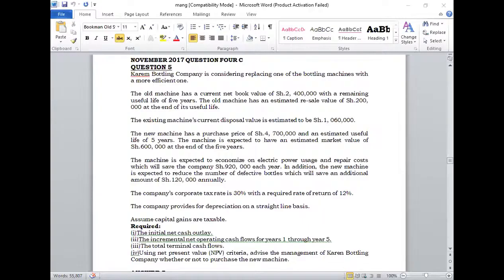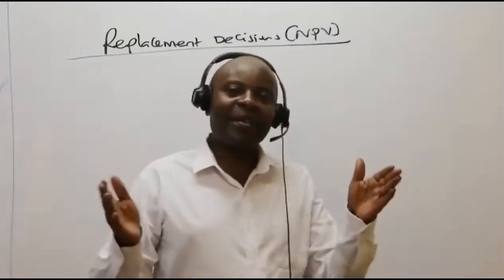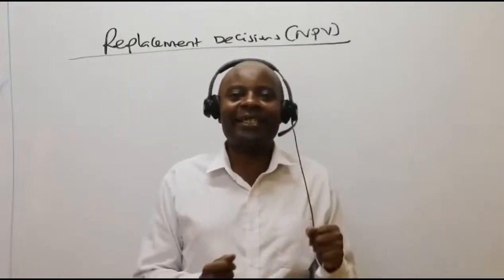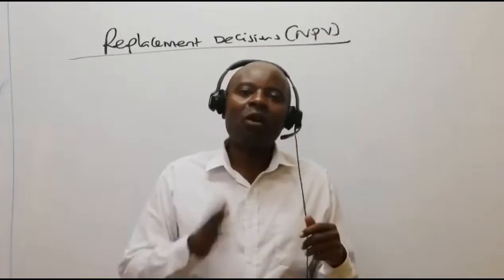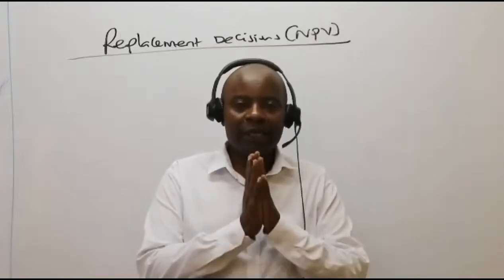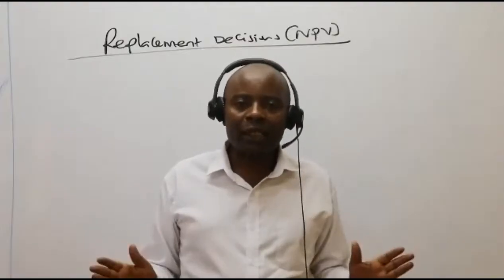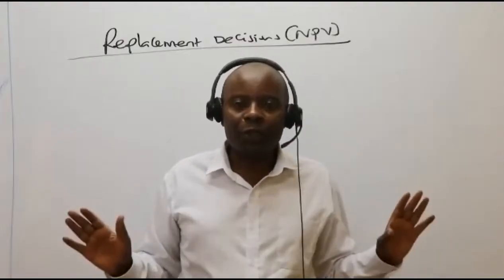Ladies and gentlemen, if it is a replacement question, the basic steps are these. In this case, somebody tells you to sell your old machine, most certainly you are going to make a loss.